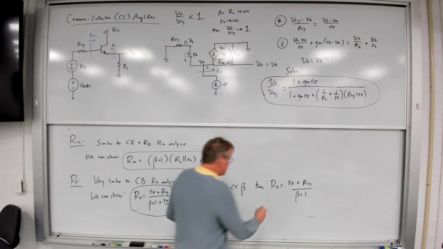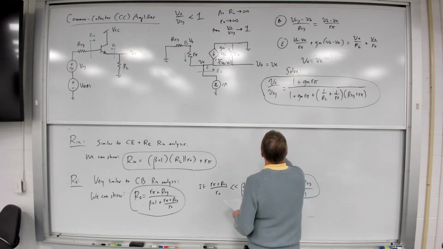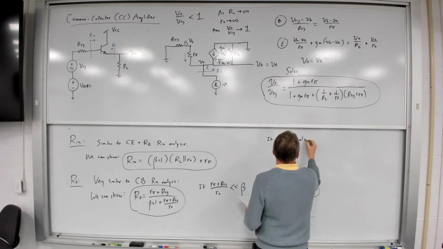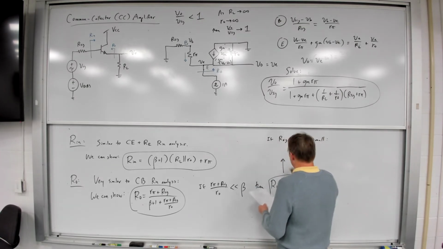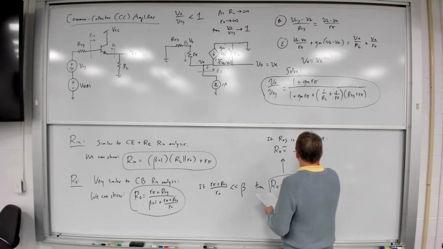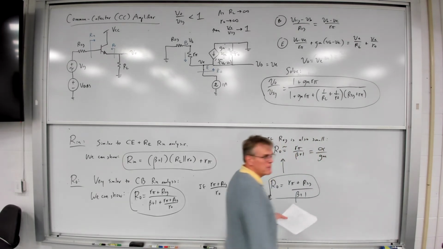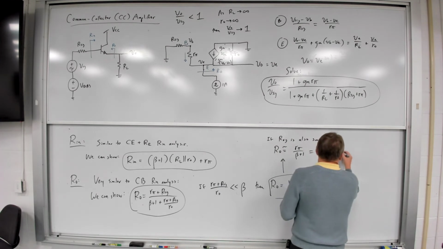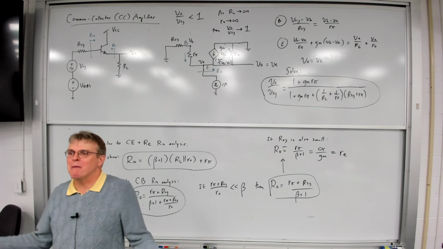And if r sig is also small, then r sub O will be equal to r pi over (beta plus 1), which will be equal to alpha over g sub m, which will be equal to little r sub e. Hey, no surprise. I would expect to see that, right?